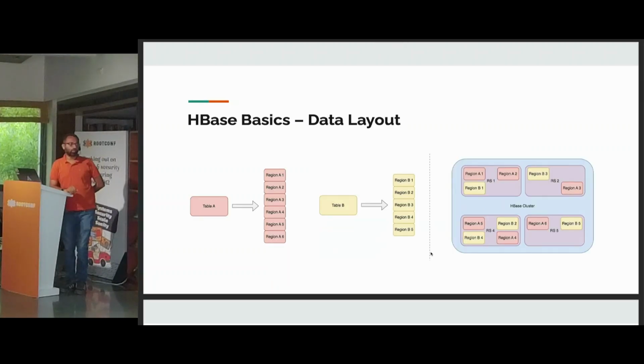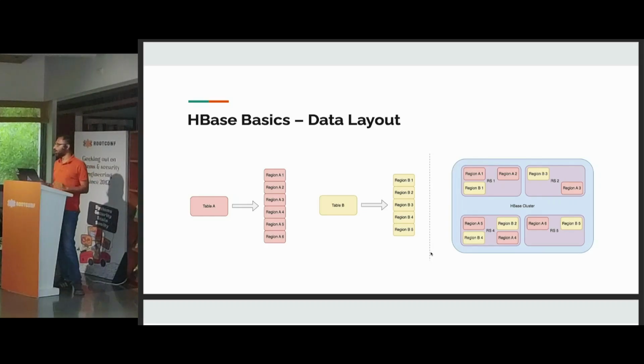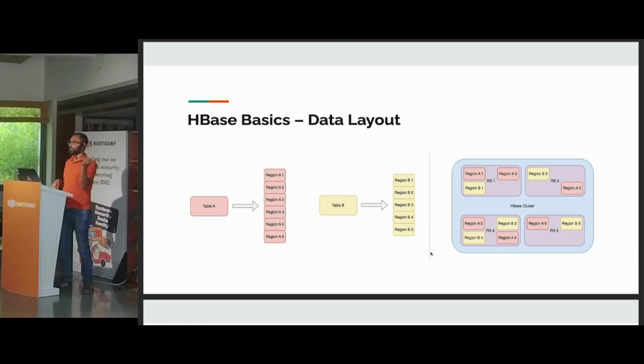And in the HBase data layout, there's a concept called namespace, which is a logical grouping of tables. Each table is divided into shards called regions, and they're range-based shards. Say if you have a range 1 to 10, then 1 to 3 is one shard, one region, 3 to 6 is another shard, another region. You can have any number of regions, you can split and merge, and that's the regions.